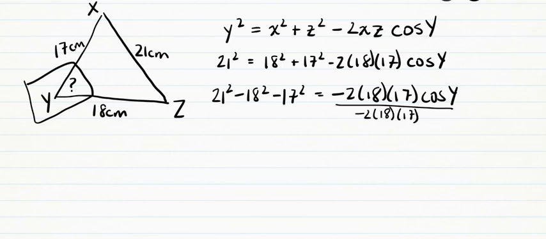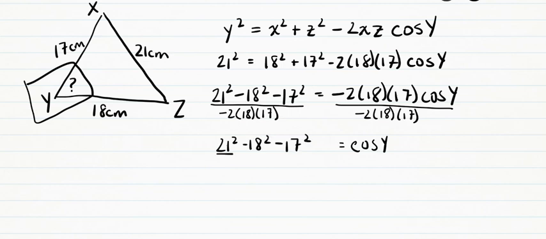So we're going to be left with just cosine y on the right-hand side. But whatever calculation we do to the right side of an equation, we want to do the same calculation to the left side. So we're also going to divide the left side by that same expression. So now we have cosine y is equal to 21 squared minus 18 squared minus 17 squared divided by -2 times 18 times 17.